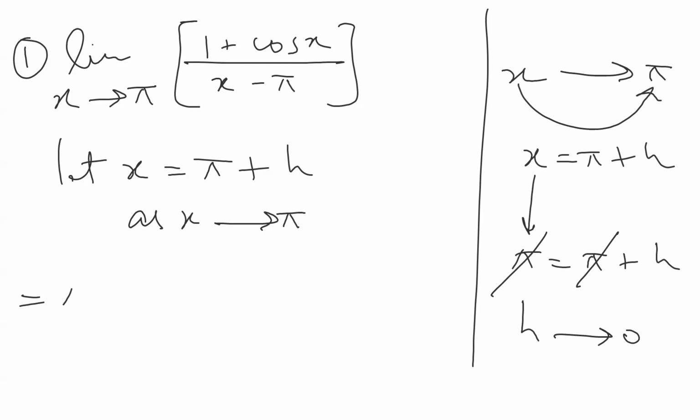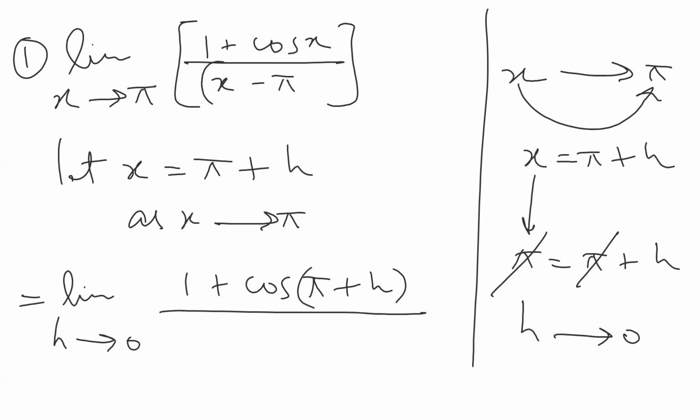So this can be written as limit h approaching 0, 1 plus cos of pi plus h upon pi plus h minus pi. From x we have moved on to h. Now see, pi and pi will get cancelled.